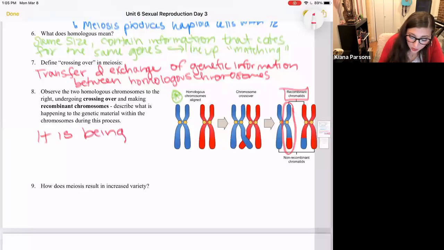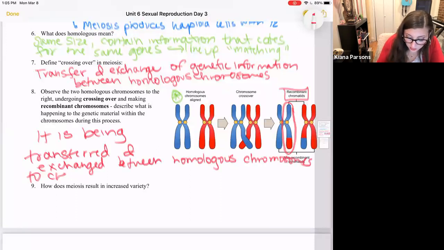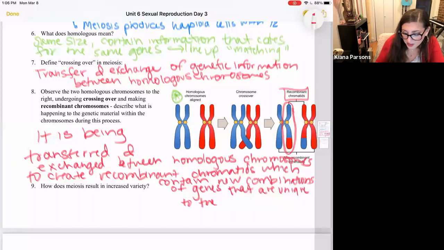It is being transferred and exchanged between homologous chromosomes to create recombinant chromatids which contain new combinations of genes that never existed before, or how about that are unique to the chromatid. Whoa.